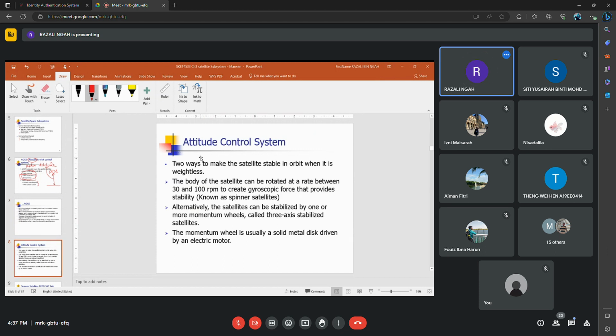In order to keep the satellite in a stable condition in space, we have weightlessness. That means it's not really zero weight, 0 kilogram and so on, but lower weight.